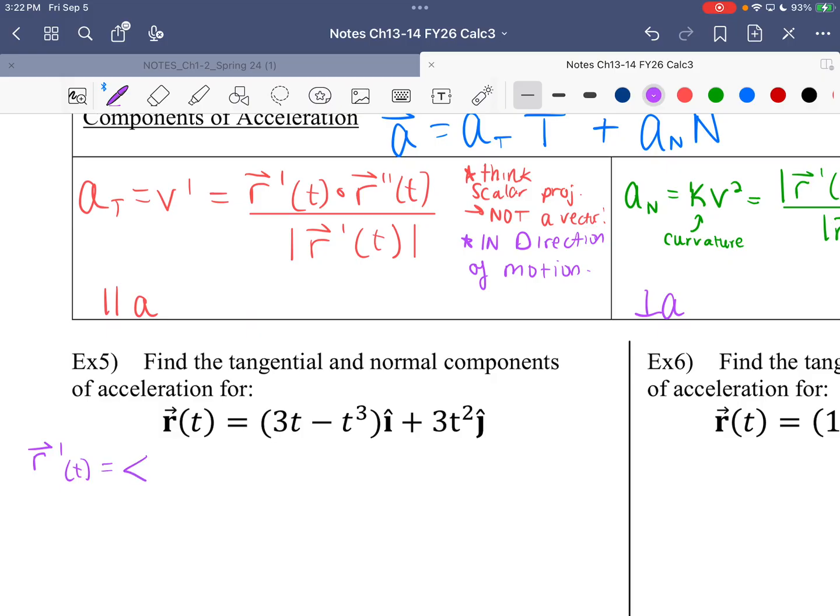Okay, so r prime, 3 minus 3t squared, and then 6t, and I'm going to make sure I have 0 in there as well, because eventually I'm going to have to do the cross product between these things, so I want to make sure I'm thinking in 3D.